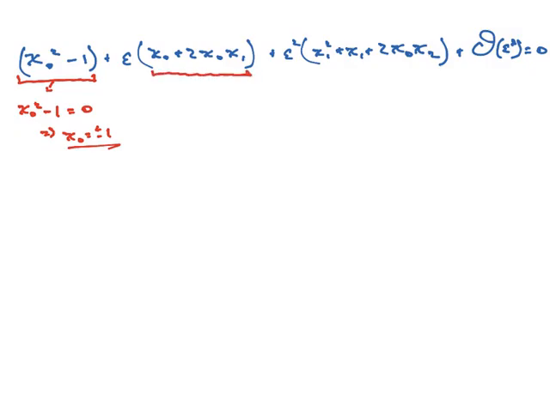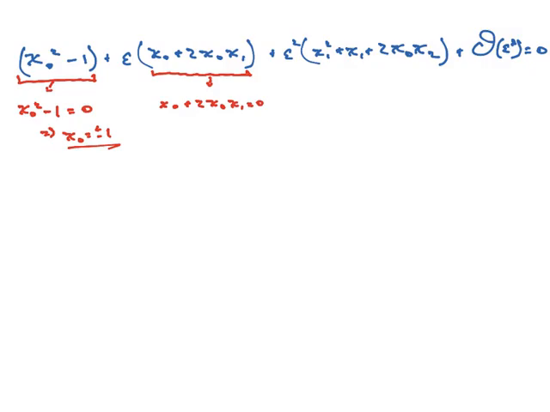This group should be 0. What does this say? x naught plus 2 x naught x1 is equal to 0. Well, notice I've got x naught on every term. I'd like to cancel them, but the only way I'm allowed to cancel them is if x naught is not 0, because I can't divide by 0.